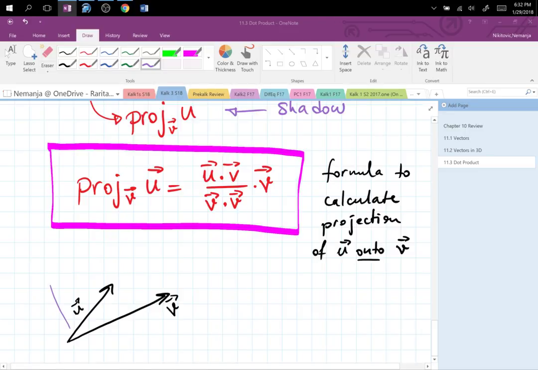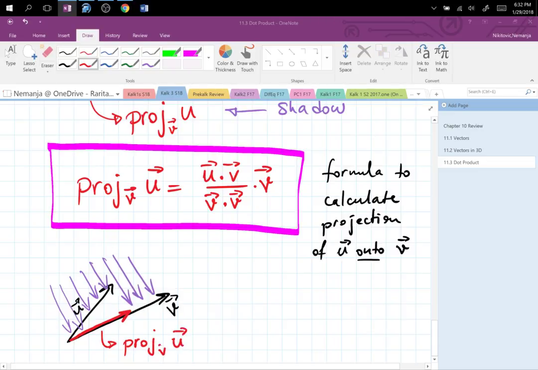So the incoming light is now going to go like this. And your shadow is going to be here. And this is still the same projection of vector u onto vector v.